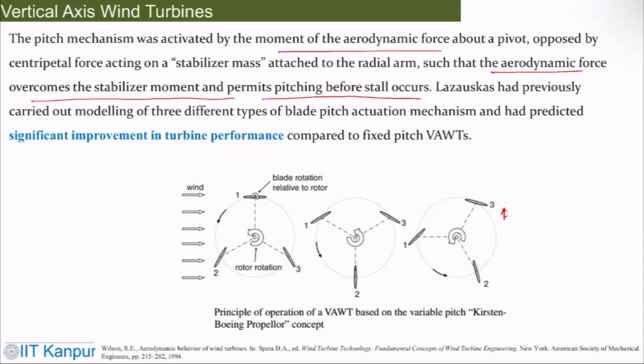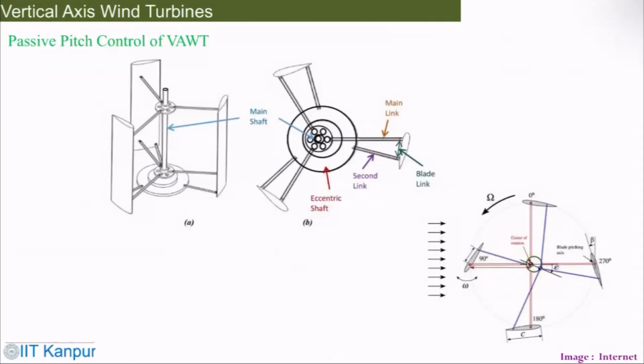So you allow the flow to attach, pass that point, then again change your angle of attack. That is what variable pitch does, because it changes with speed. Obviously once you do that, you get significant improvement in power production. You can visualize this a little better.